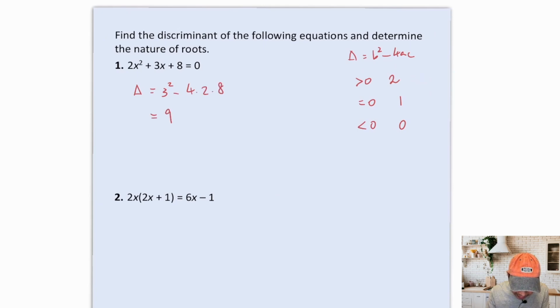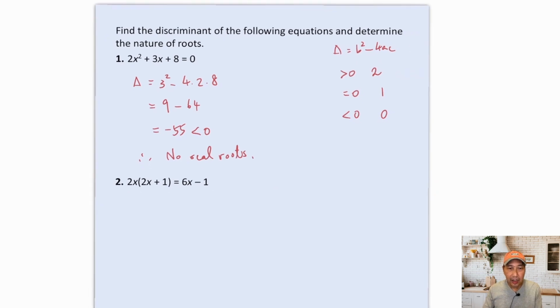So 9 minus 64. So the answer is negative 55. We need to mention that it is less than 0. And then according to the table on the right hand side, the nature of roots should be no real roots.